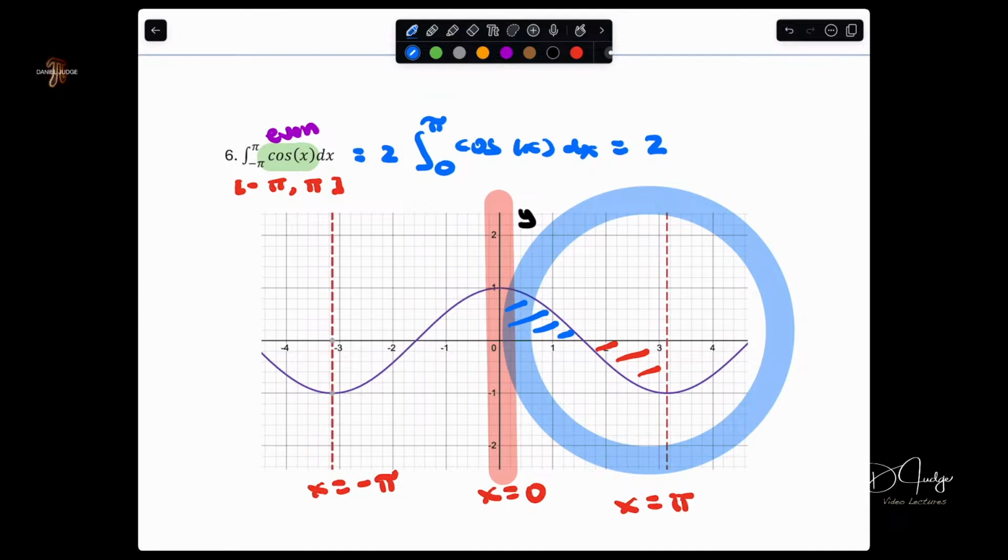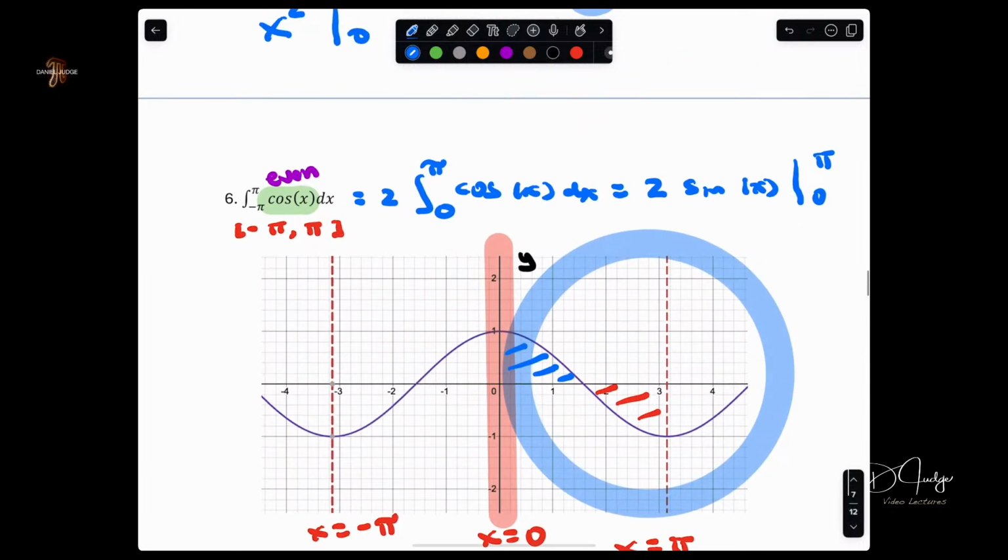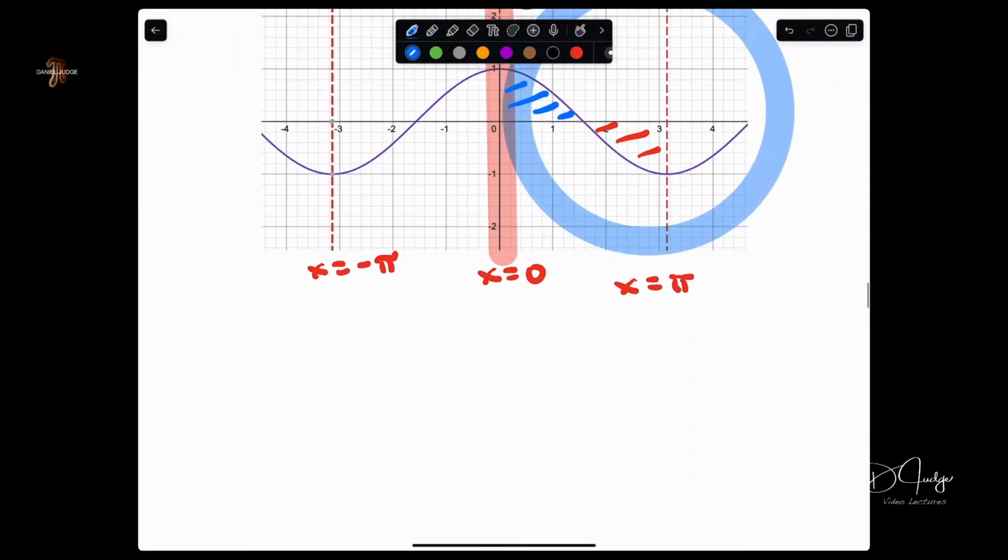And the integral of cosine is sine. You evaluate this from 0 to pi. So this is our antiderivative. Let's change the color. We need f of pi minus f of 0.